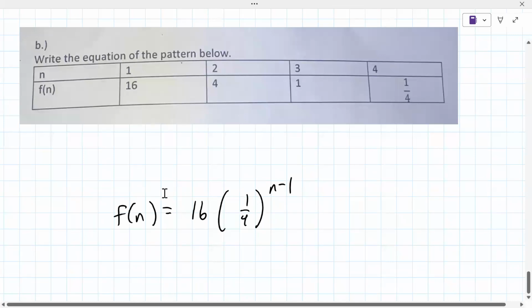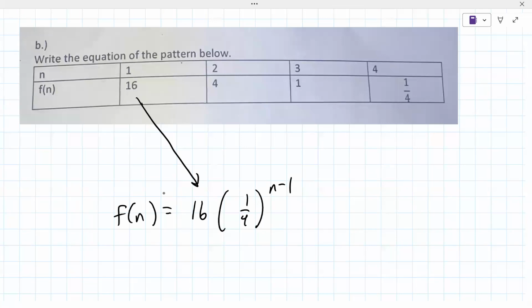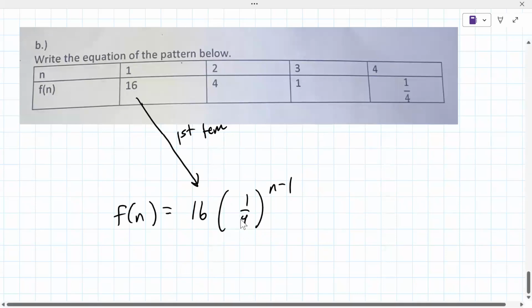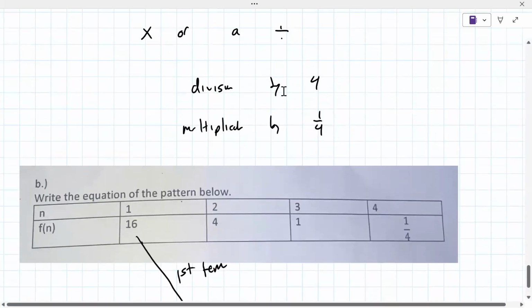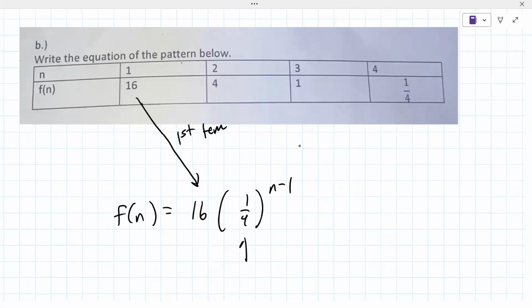The first term. Right. Okay, where did the 1/4 come from? We multiplied by 1/4. It's the rule. So what goes in here is called the rule, we'll say. And then this is always there.